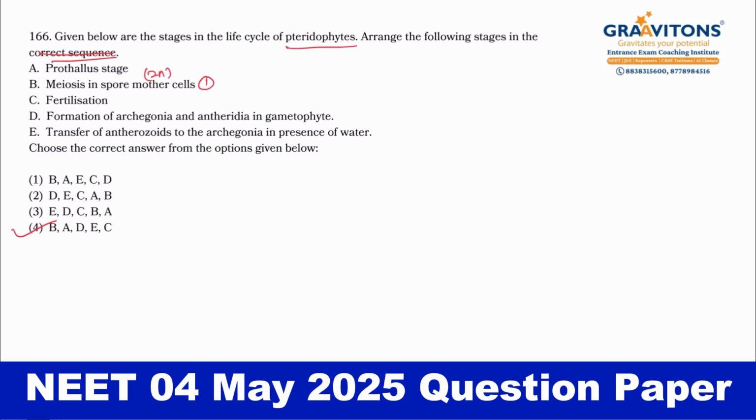Then the gametophyte will be formed, that is the prothallus stage, which is second. Next, formation of archegonia and antheridia in the gametophyte is the third stage. Then transfer of antherozoids to the archegonia in the presence of water, since they require water for fertilization. And finally, fertilization happens. So the answer is option 4.